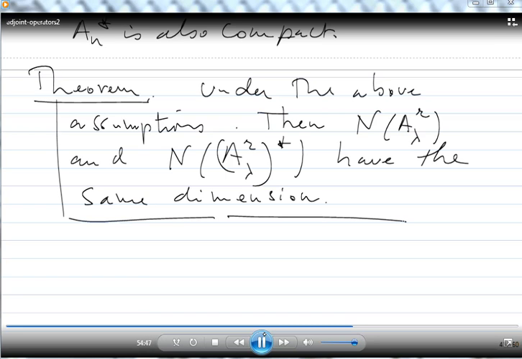Proof. So, following the above discussion, we can assume r is equal to 1. Okay, so we don't have to worry about that.